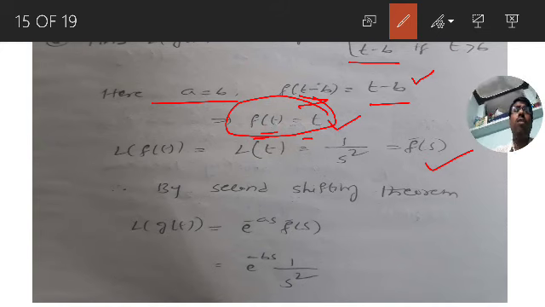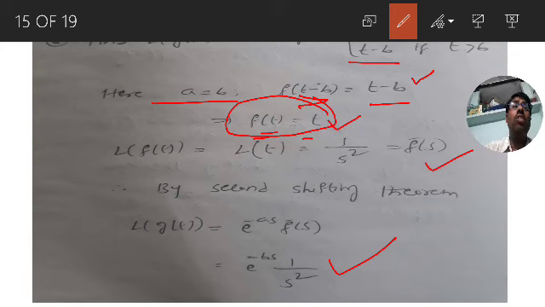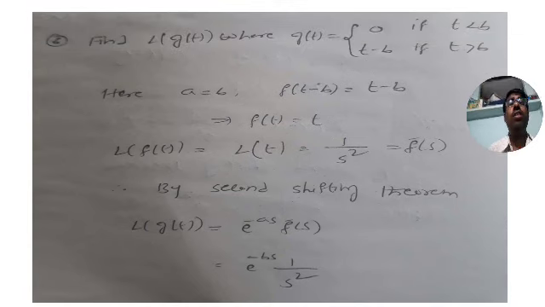It is e power of minus as into f bar of s. A is equal to b and f bar of s is equal to 1 by s square. Substitute: L of g of t is equal to e power of minus bs by s square. So this is the sixth problem on second shifting theorem.